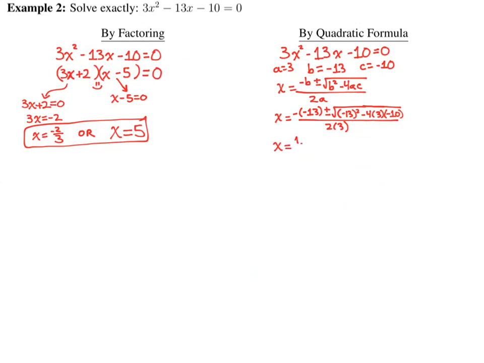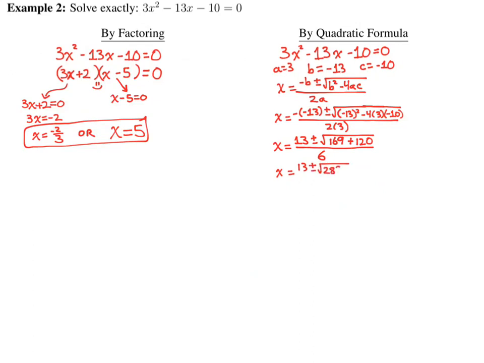Hopefully you have good habits, and if not, we need to work on fixing them. First of all, that makes positive 13, because it's the opposite of whatever B was. So the very beginning is actually positive 13. And then remember, when you squared negative 13, that should have ended up as positive 169. All right.